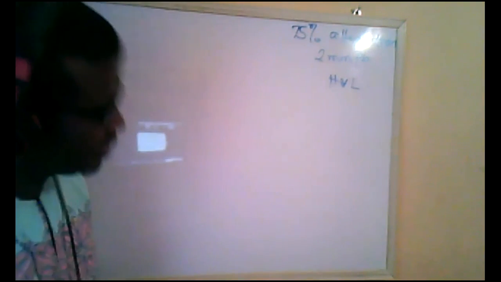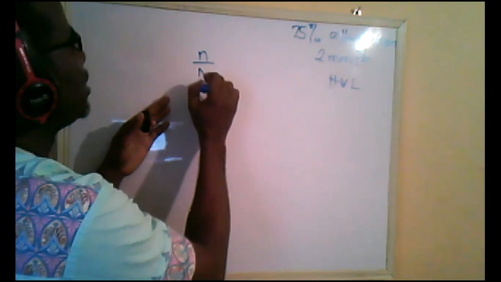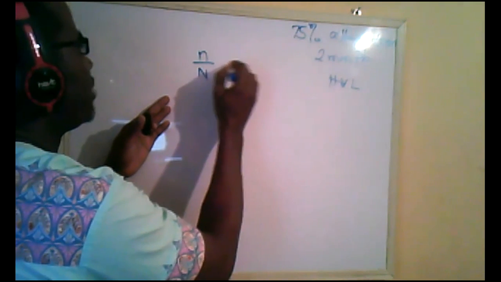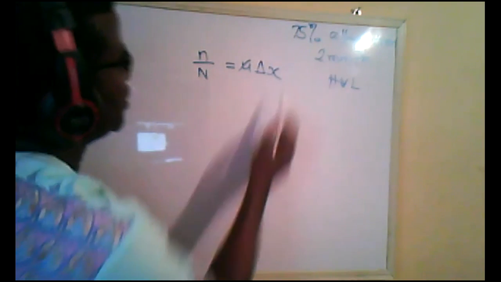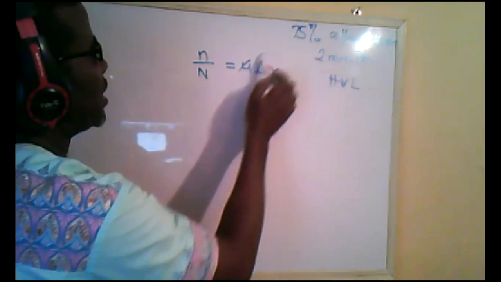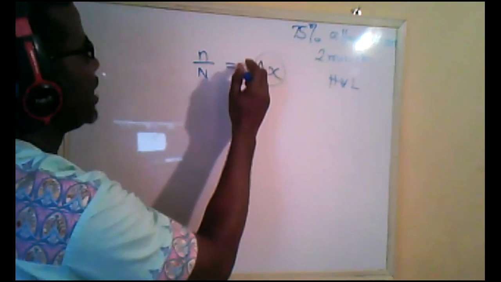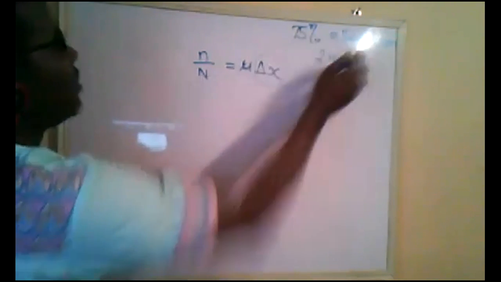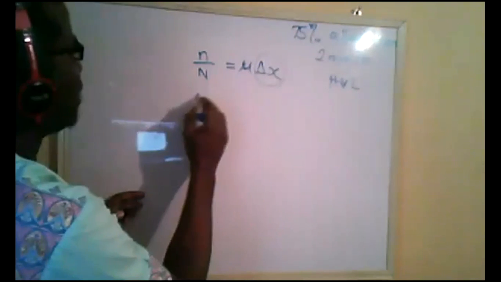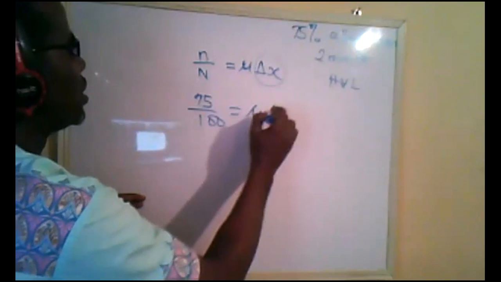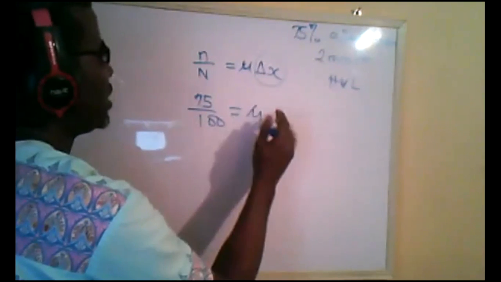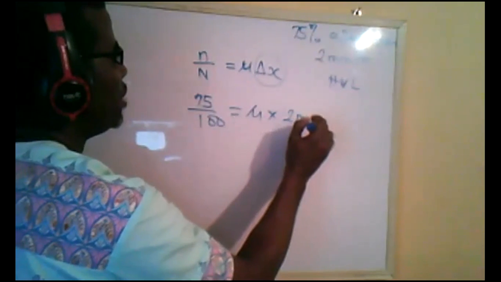There are a few approaches we can take here. The first approach is N over N naught equal to this, which can be taken as the HVL. 75% attenuation means 75 over 100 equals this, times 2 millimeters.